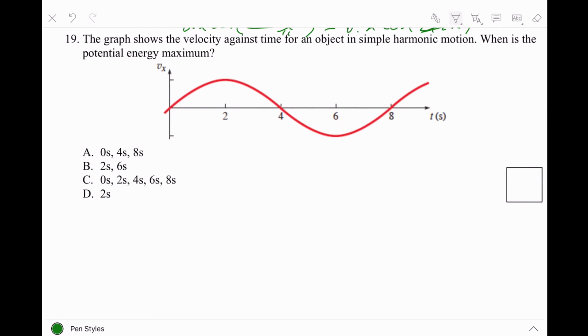Number 19. The graphs show the velocity against time for an object in simple harmonic motion. When is the potential energy maximum? Now you've got the velocity and time. So just recall what happened.